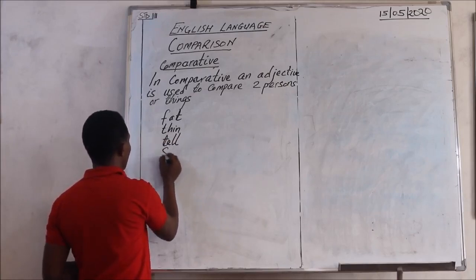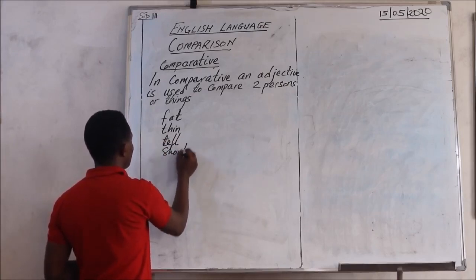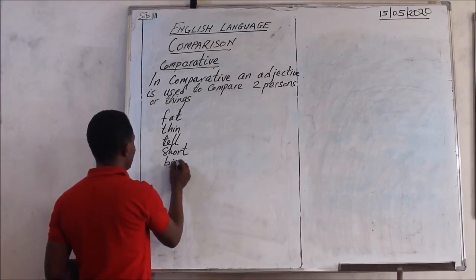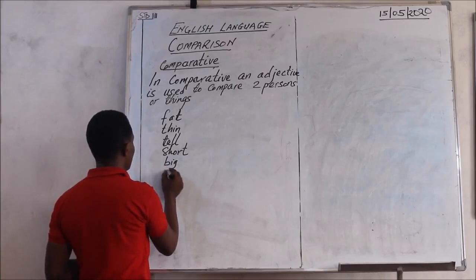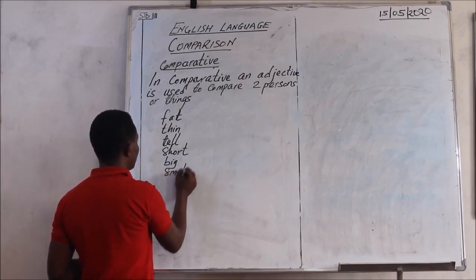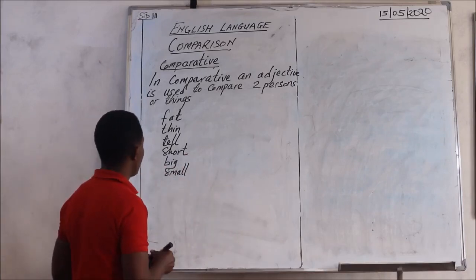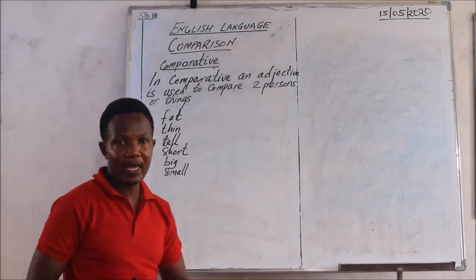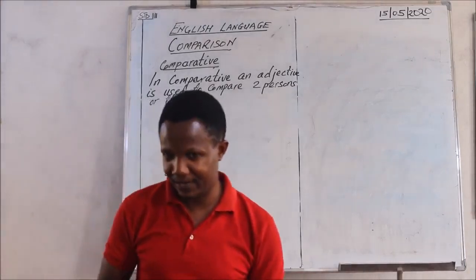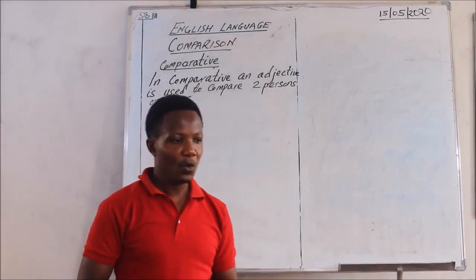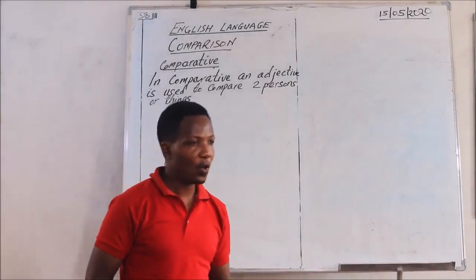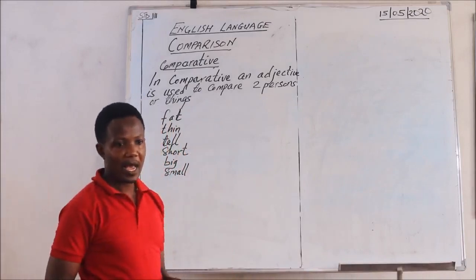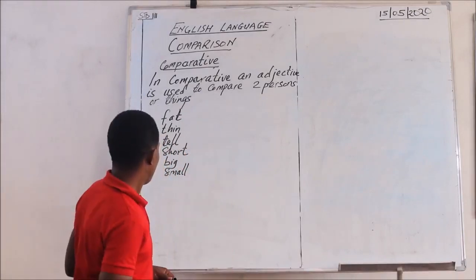We can use short. We can use big and small. The words I've written there are called adjectives. And we are going to form comparative by using these adjectives.